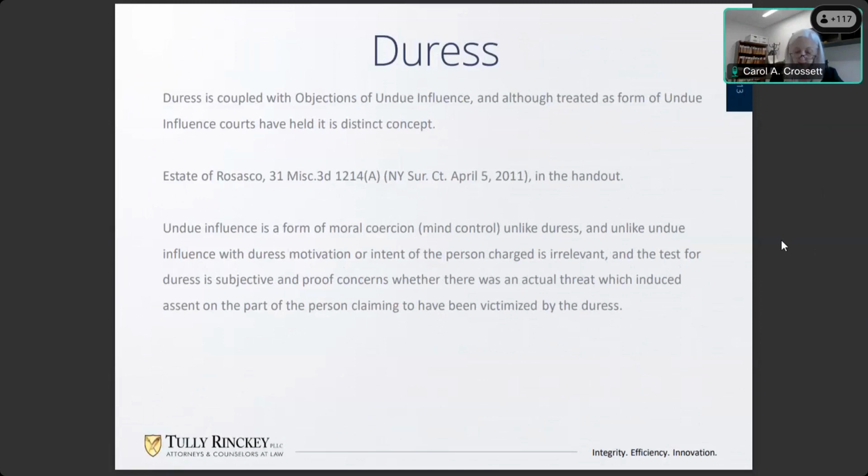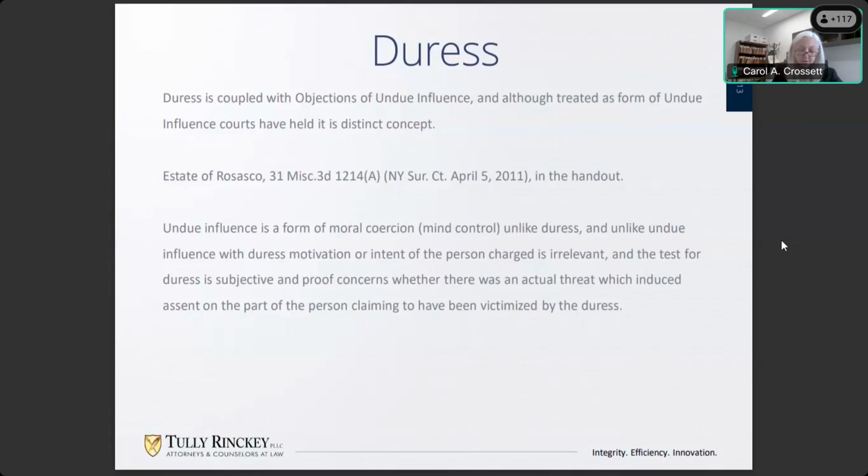And this fear was deemed to be so overwhelming that it had precluded the decedent from exercising her free will and judgment in naming who she wanted to benefit under the will.